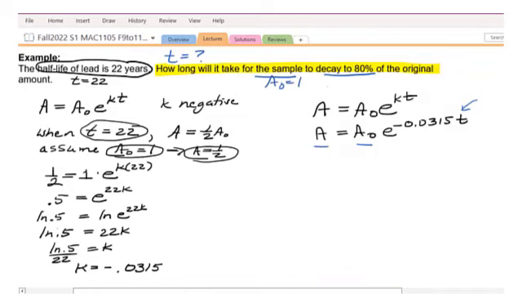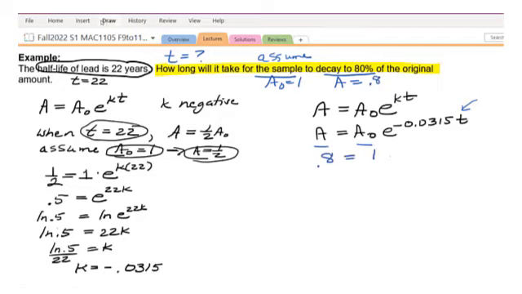Then what would the ending amount be if we assume that we're starting with 1 gram or 1 unit? How much would 80% of 1 be? 0.8, exactly. So we'll use 0.8 for A, and we'll use 1 for A naught, and we'll solve for t.